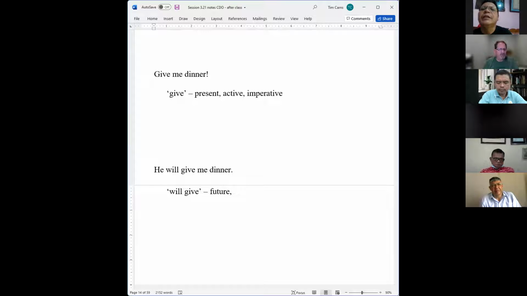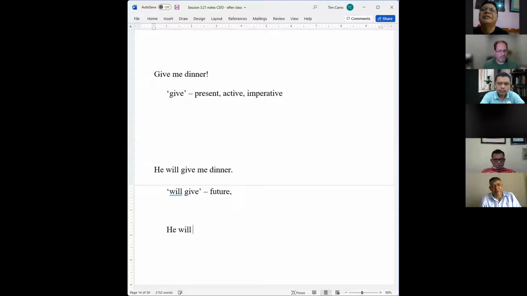Okay, how about the voice? Is it active or passive? Is the subject doing the action? Passive. Okay, so is the action then being done to the subject? Does it say that he was given dinner or will be given dinner, or that he will give dinner? See the difference? Here's the difference.